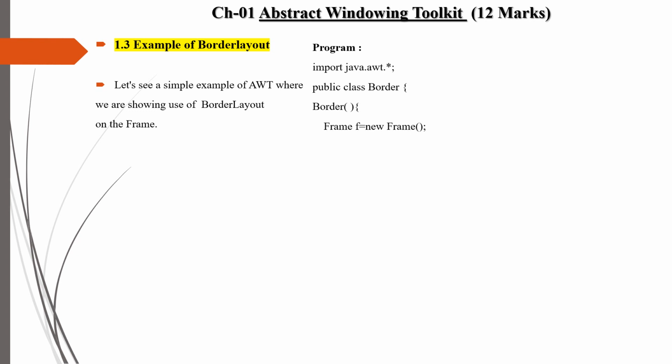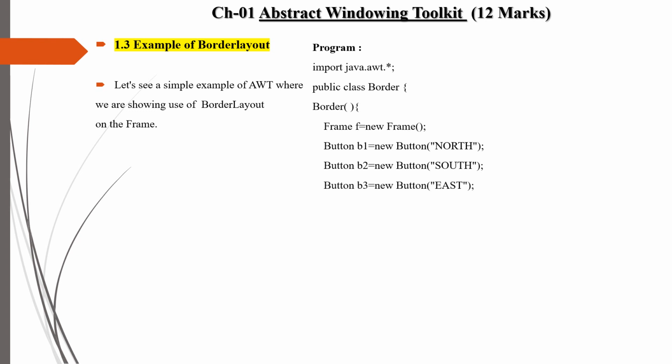In the constructor we create one object of frame with no title, then we create one button b1 with label north, we create another button with label south, then another button with label east, next we create one button with west, and last we create one button with label center. So we create 5 buttons.